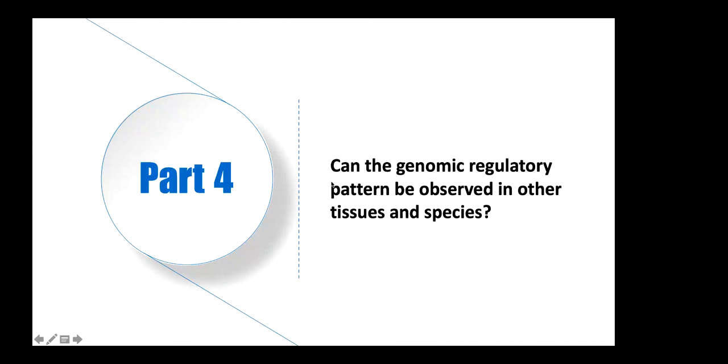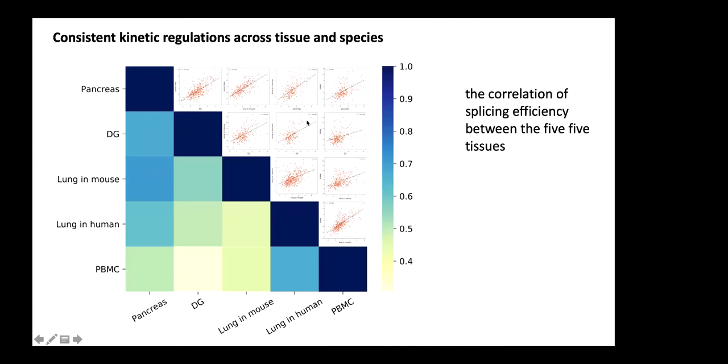Finally, we ask whether the genomic regulatory pattern can also be observed in other tissues and species. To answer this question, we first use the ICVelo to estimate the splicing efficiency on 5 tissues, including pancreas, dentate gyrus, PBMC, and lung in mouse and human. Then we did correlation between them.